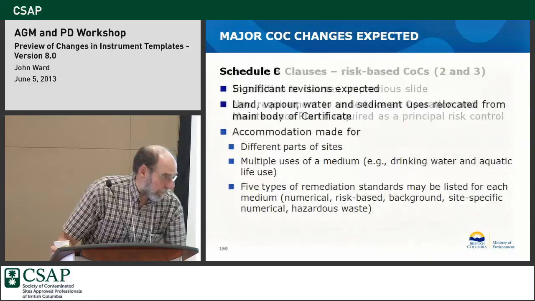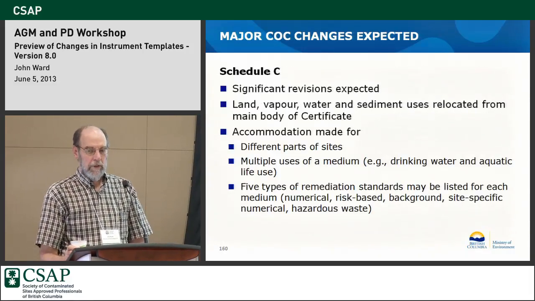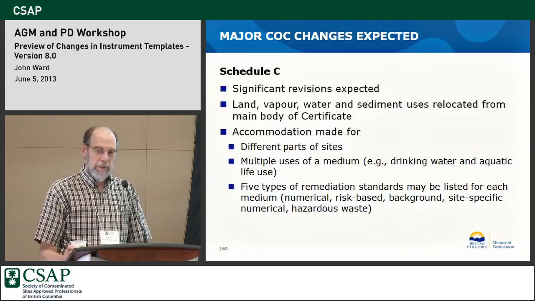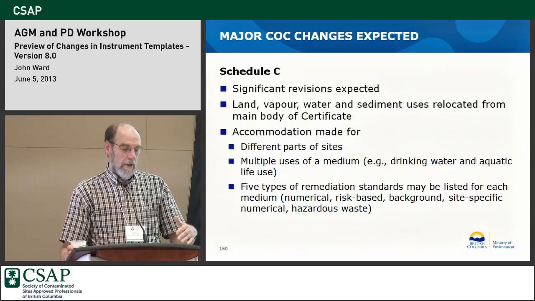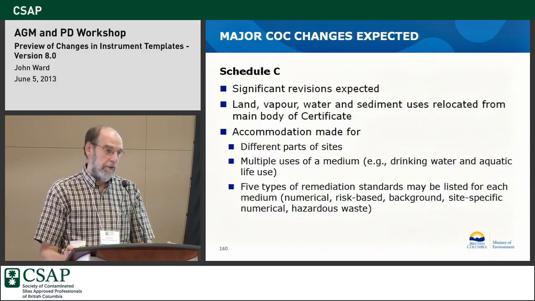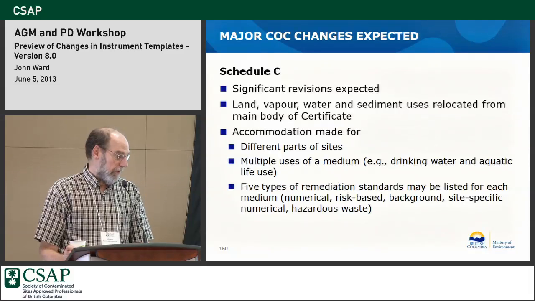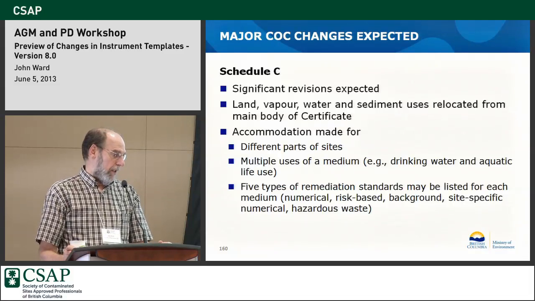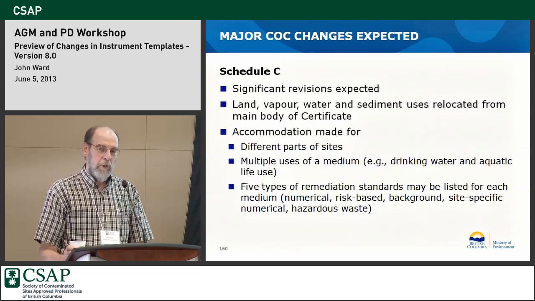And then Schedule C is going to look very different. The template itself is quite a bit longer, but it accommodates the situation where there's more than one parcel at a site. You could have 2 or 3 parcels with different land uses. It could address the situation where you have multiple land or water or sediment vapor uses.